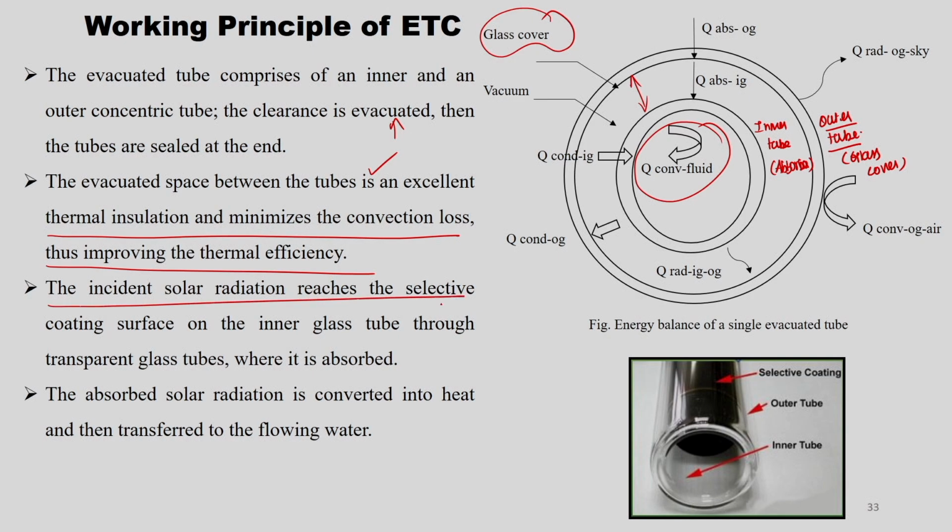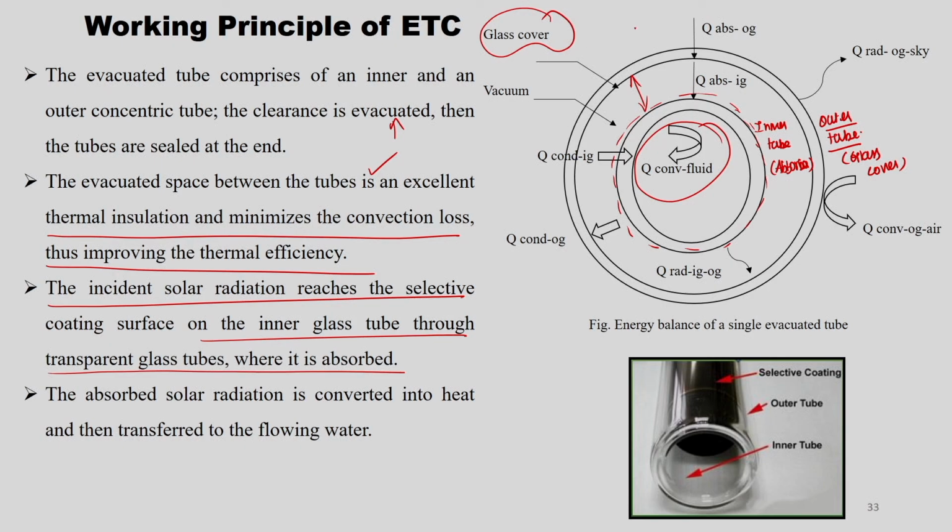The incident solar radiation reaches the selective coating surface on the inner glass tube. So, the selective coating happens to be here, the outer surface of the inner glass tube, which is nothing but an absorber, through the transparent glass tubes where it is absorbed, right.